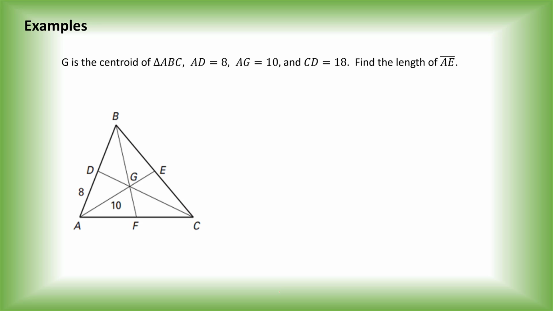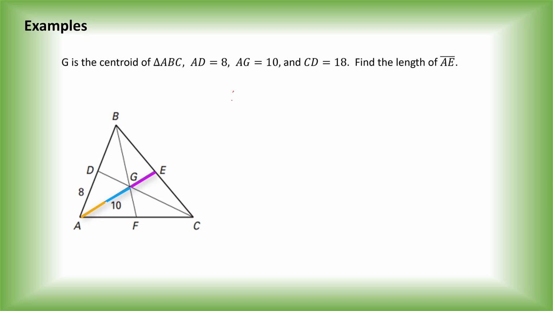All right, now we want to find the length of AE. So AE is this whole median here. So what we're going to do is start off with color coding it, orange, blue, and pink. And we can see that AG is the segment that we have information about.